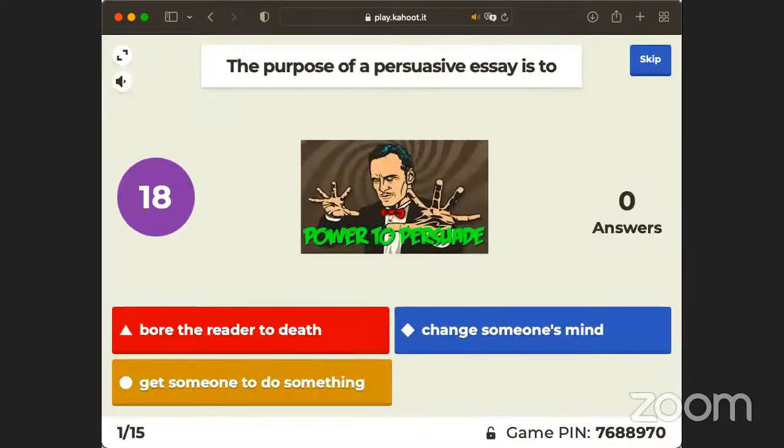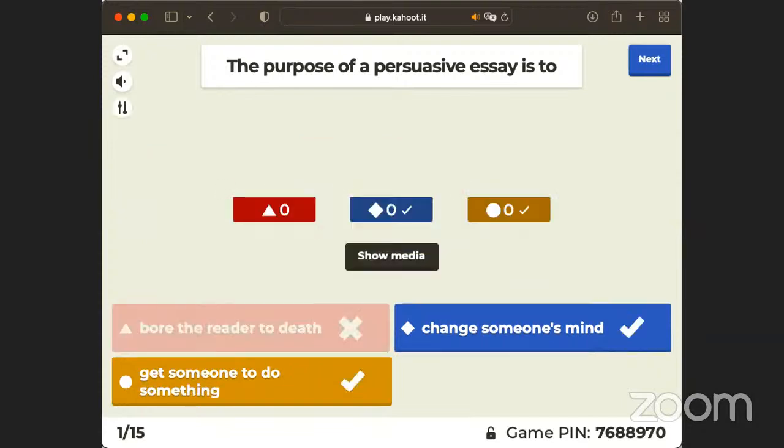Okay, so what's the purpose of persuasion? All right, so the purpose of a persuasive essay is to get someone to do something or change someone's mind.